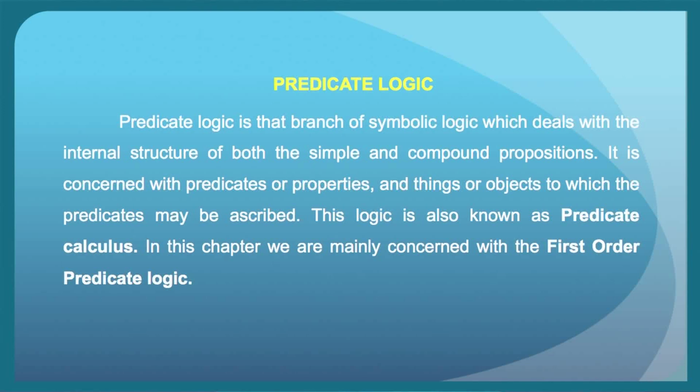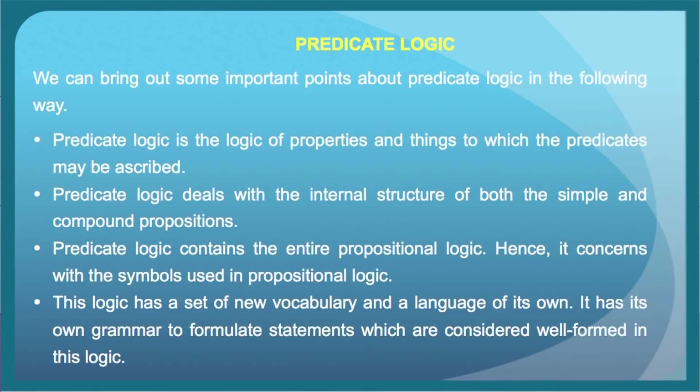In this chapter, we are mainly concerned with first order predicate logic, and we can bring out some important points concerning it. Predicate logic is the logic of properties and things to which the predicate may be ascribed.